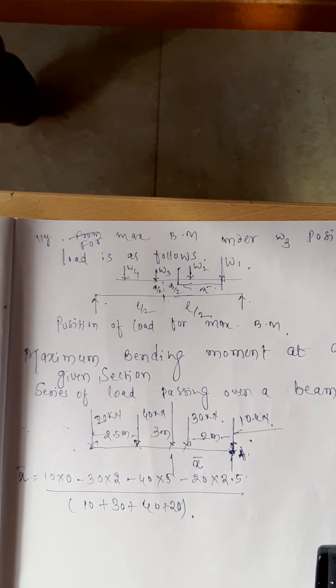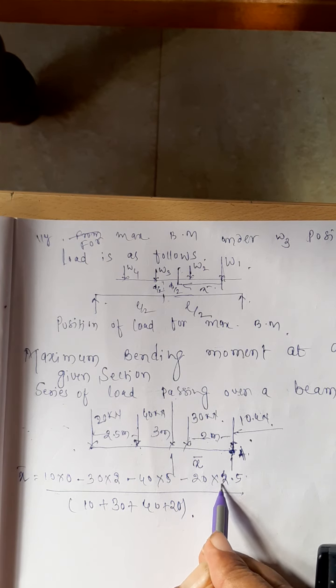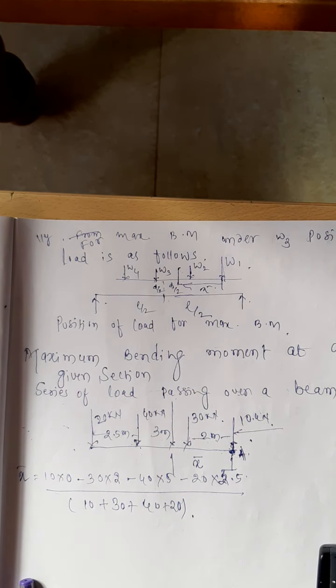Yes, 30 into 2 plus 40 into 5 plus 20 into, sorry, it should be 7.5.